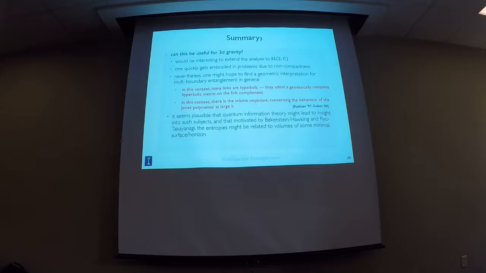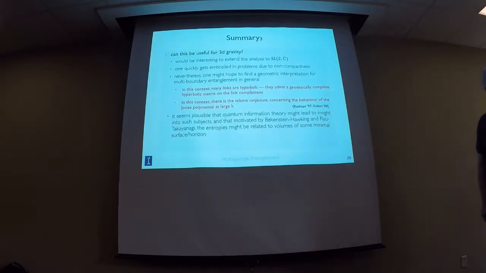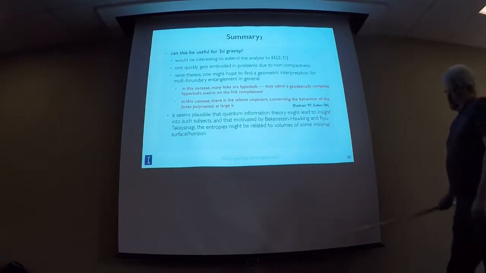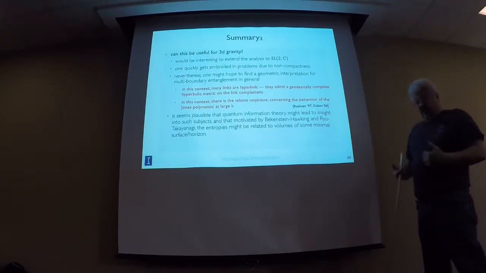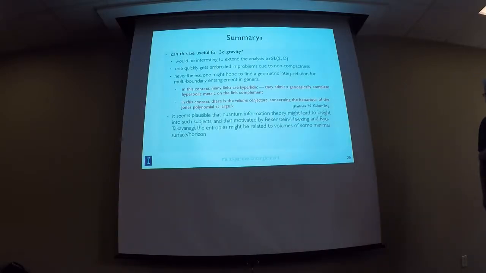That might be SL2R times SL2R, or it might be SL2C. One of the things that we're trying to do is to extend this to SL2C. And you might hope, so I'm not saying that this is holographic or anything like that. I'm not presupposing anything. Okay?